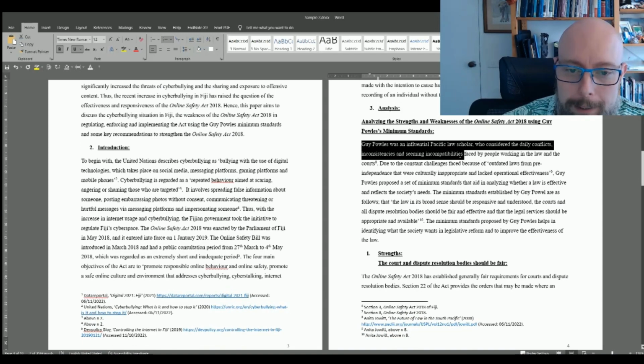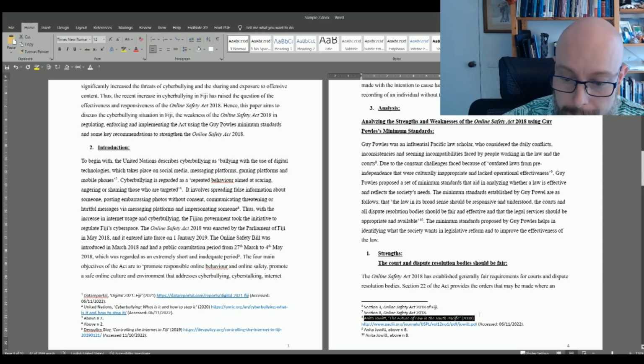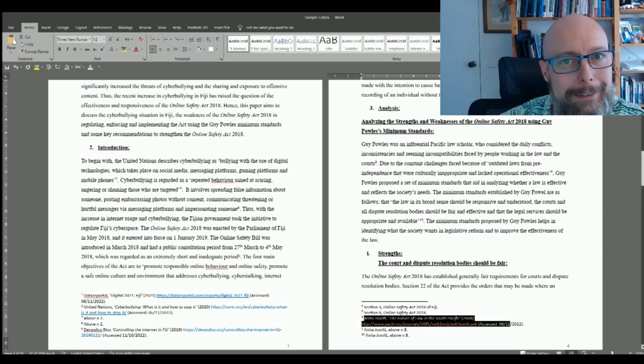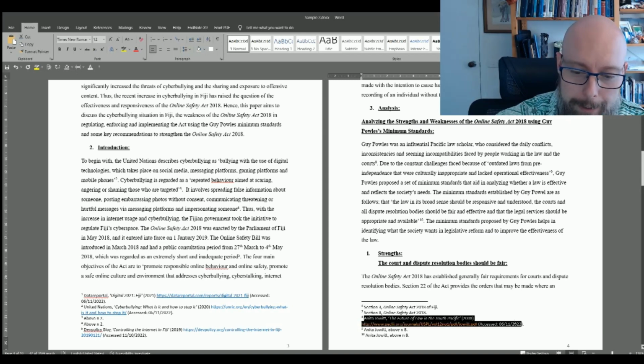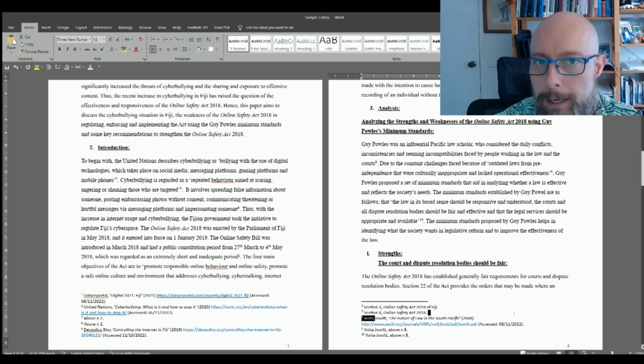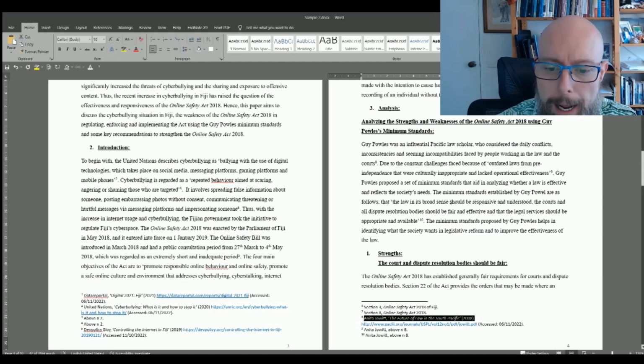So what's good about this? This tells us who PALS is. It references an article, not correctly. That's not how you would cite the Journal of South Pacific Law. You can see Volume 12, Number 1, this is all part of the citation, yet we've just got a web link and not the actual citation.